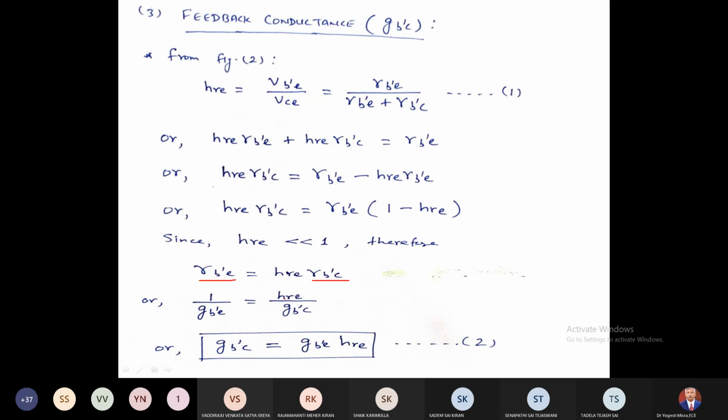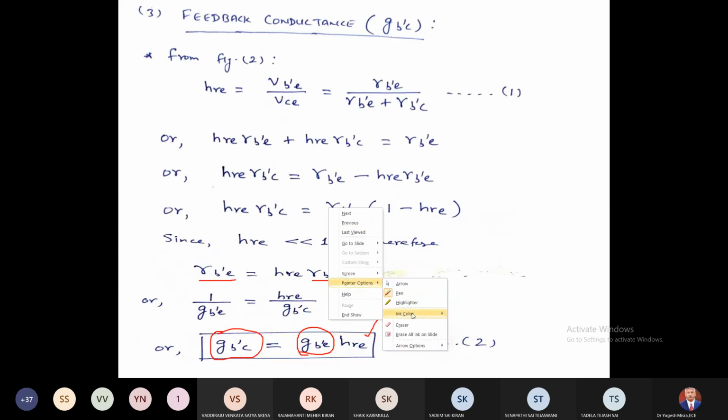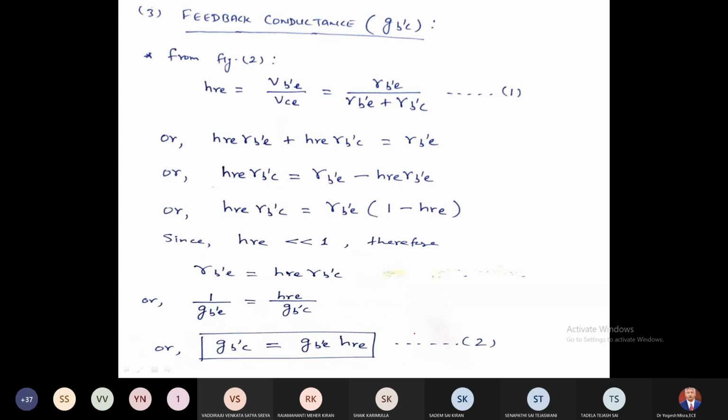So from here I will get the expression GB'C, which is the feedback conductance, is equal to GB'E, which is the input conductance, multiplied by HRE. This expression I got. So this is the expression of feedback conductance.